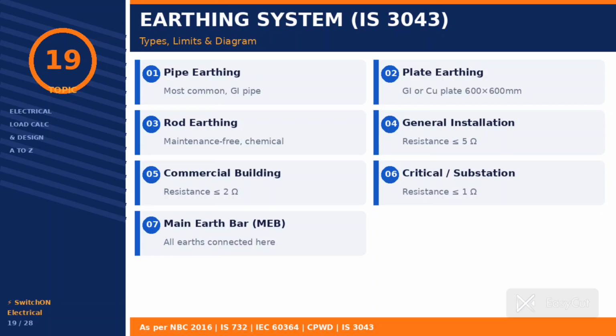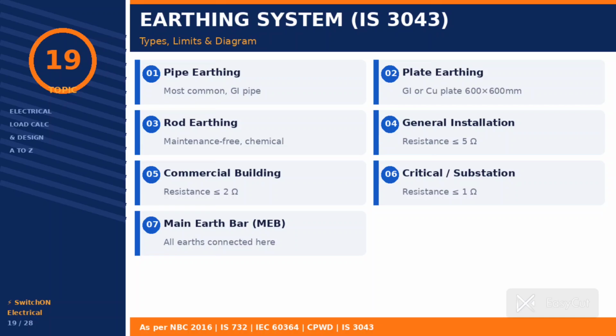If you want details about earthing, I will give you an explanation in another video regarding earthing only. You might have heard different types of earthing, that is pipe earthing, rod earthing and plate earthing. The main difference is pipe earthing and rod earthing are the same only. Usually GI pipe and GI rod will be used for rod earthing and pipe earthing.